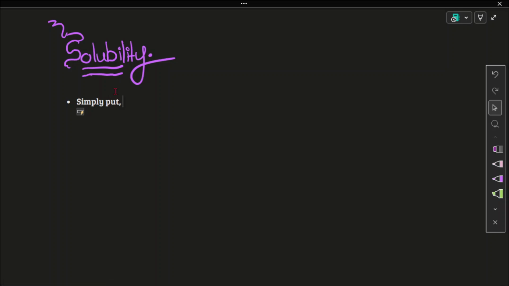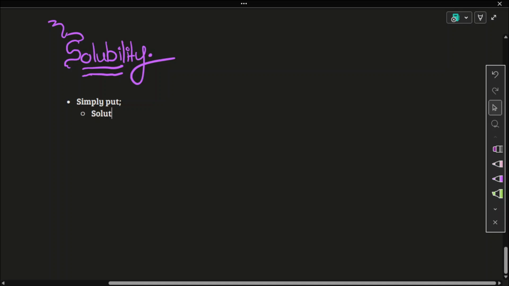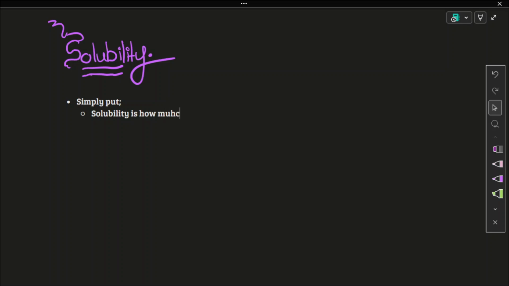So, very simply put, solubility is how much of a substance will dissolve in a given volume of a liquid.